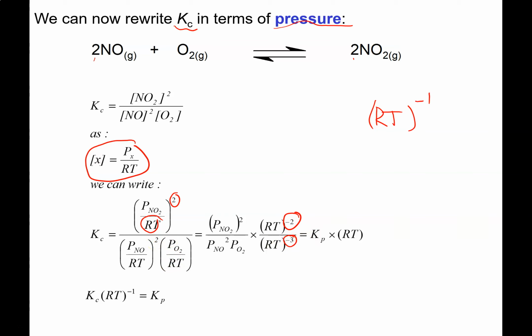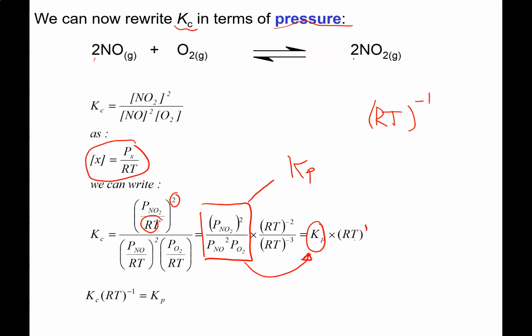What I recognize, hopefully, is that this term here is just Kp. So I can write that Kc is equal to Kp, which is all that stuff, times, and remembering how exponents work, minus 2 minus minus 3 gives RT to the 1.